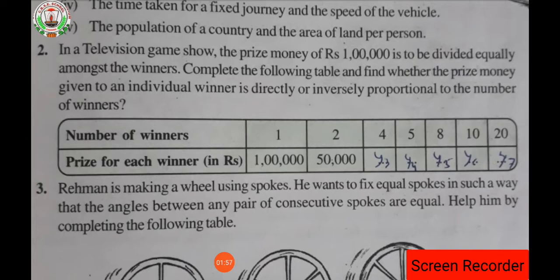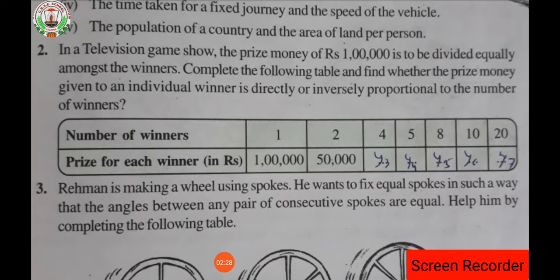That means we have to say whether it is a direct proportion or an inverse proportion. The two definitions we had already studied. So in question number 2 we have to find out whether the number of winners is directly proportional to the prize for each winner, or inversely proportional to the prize for each winner.